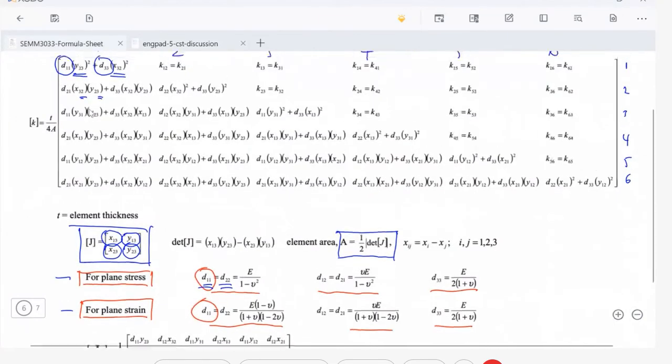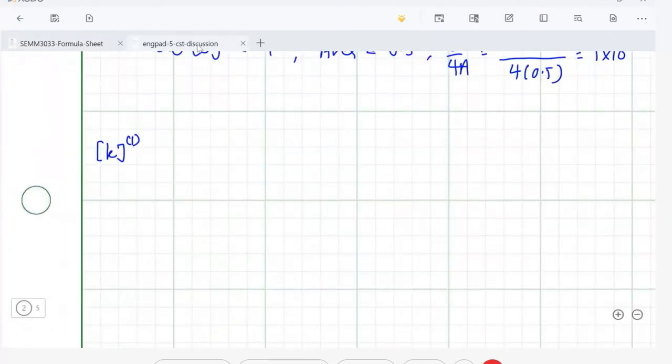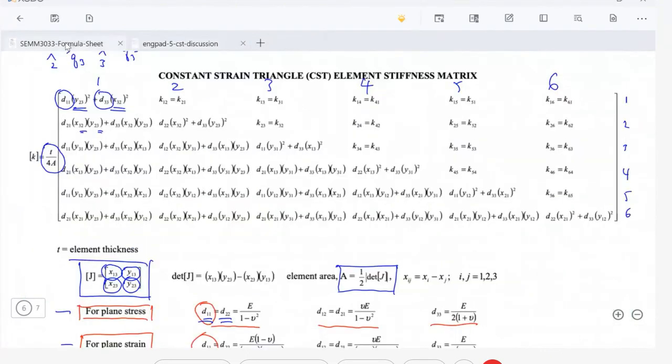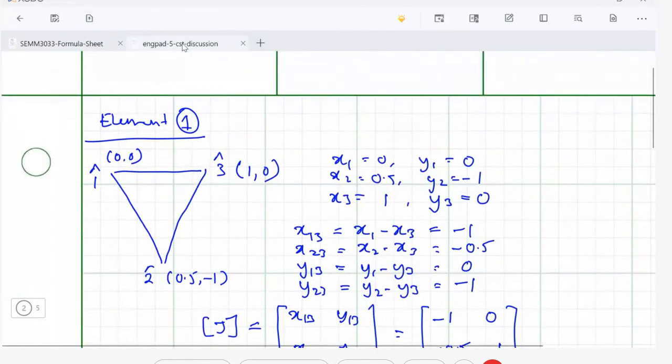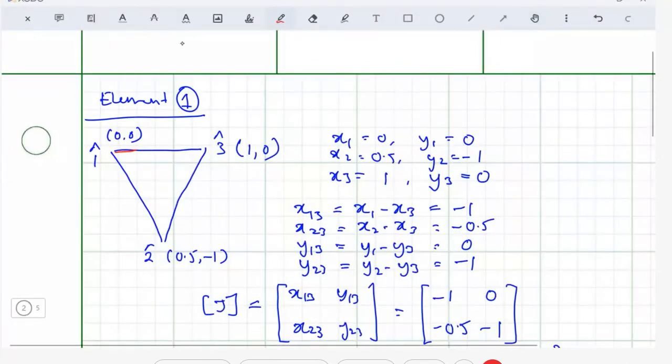All right. So note, this is part of the calculation, P over 4A. I have calculated this thing. For our element number 1, let's change color so you can see the degrees of freedom we are interested in. Q1 and Q2 are 0.